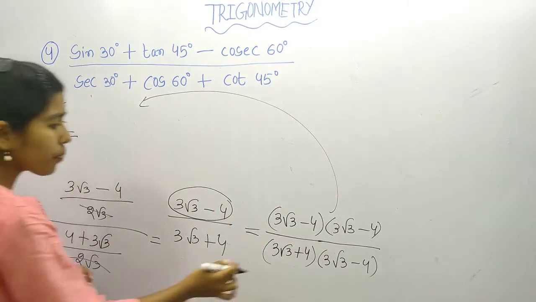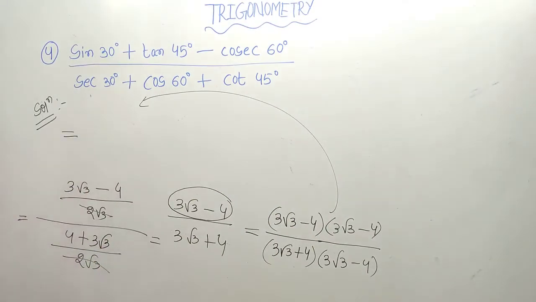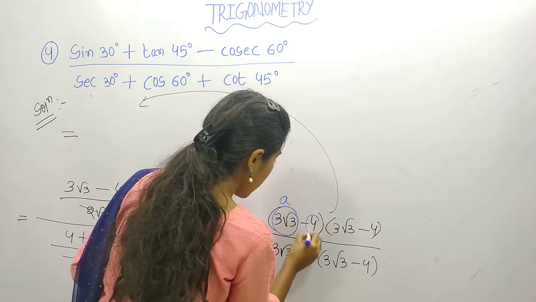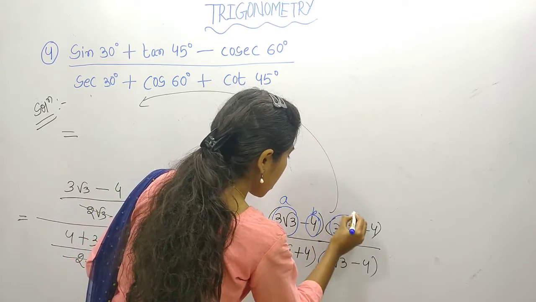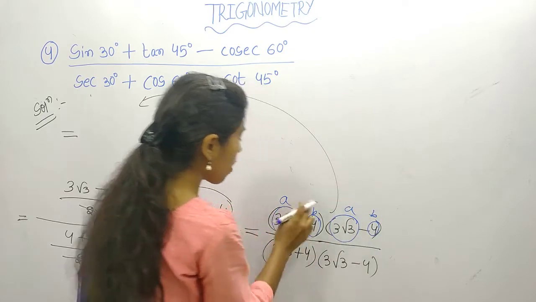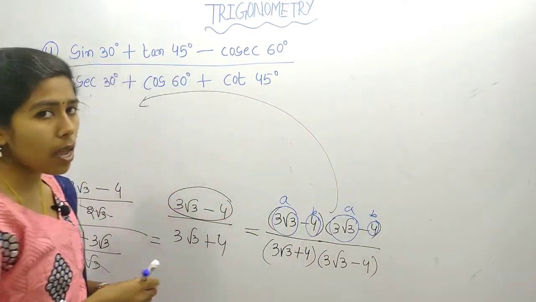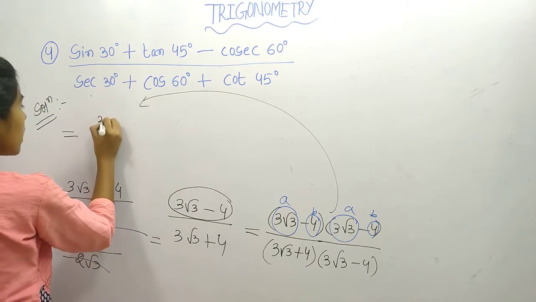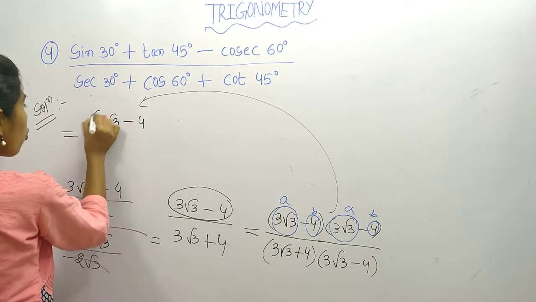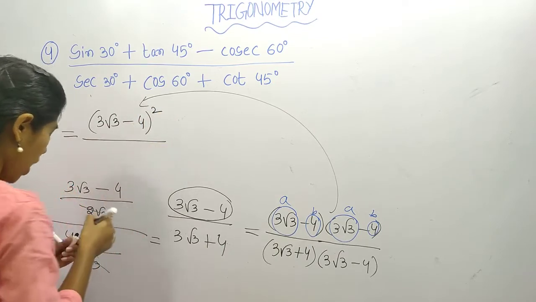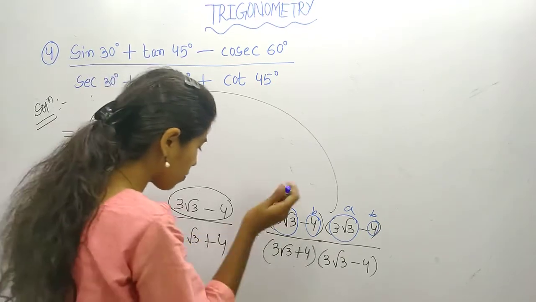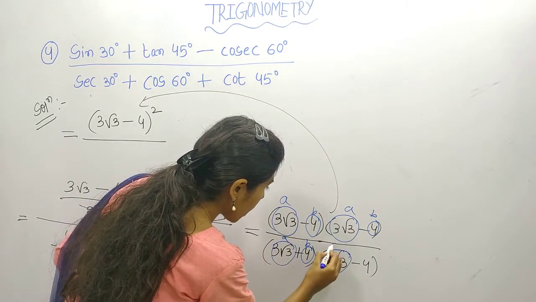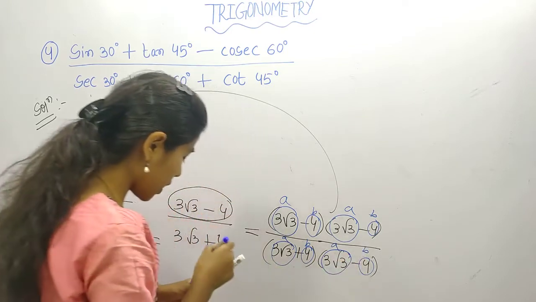So what will it become? You see, this is A, let it be A, let it be B. This is A, this is B. A minus B into A minus B is A minus B whole square. So it will become 3 root 3 minus 4 whole square, divided by, this is A, this is B, and this is A, this is B, right?